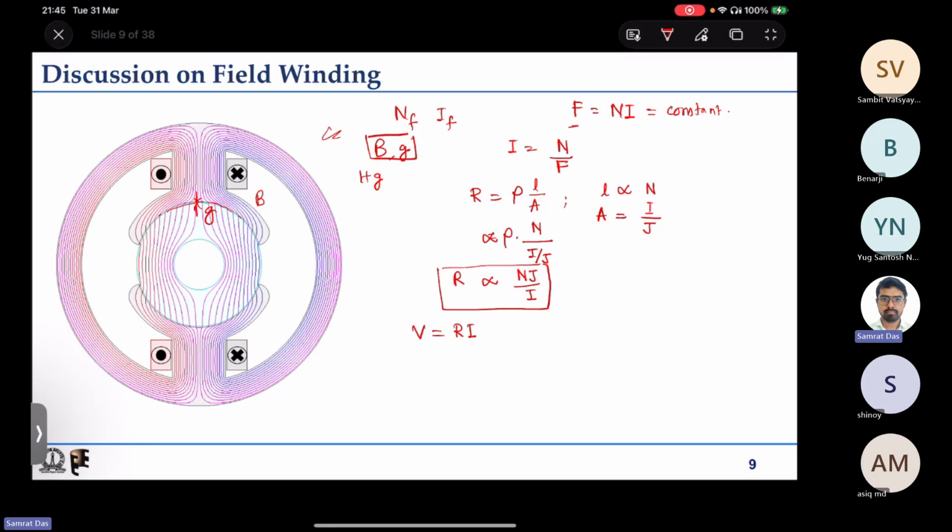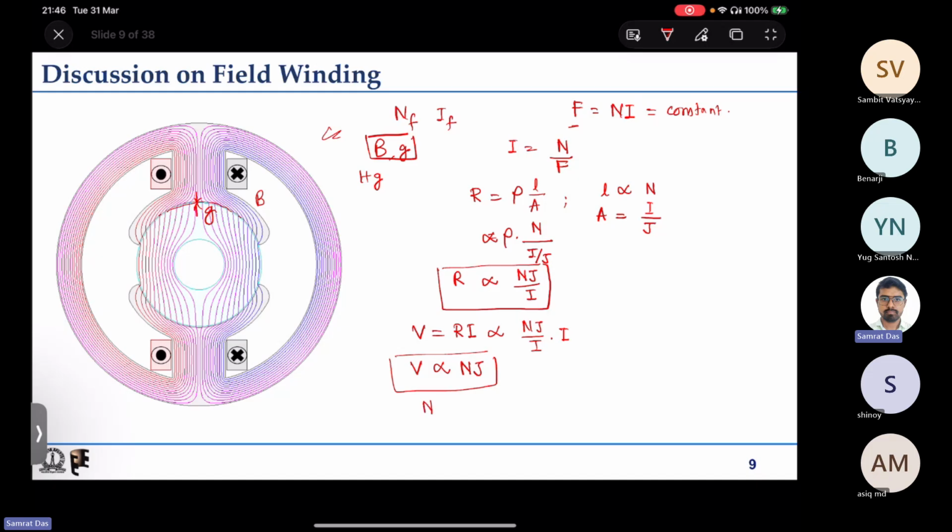So voltage is basically I into R, and R is proportional to N into J divided by I, and I comes here also. So voltage is simply proportional to N into J. That comes as another thing.